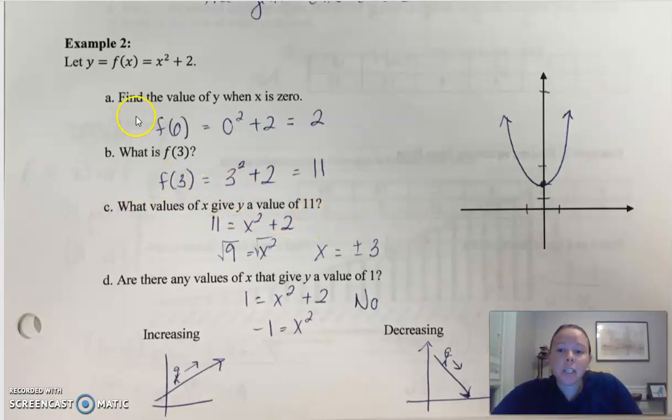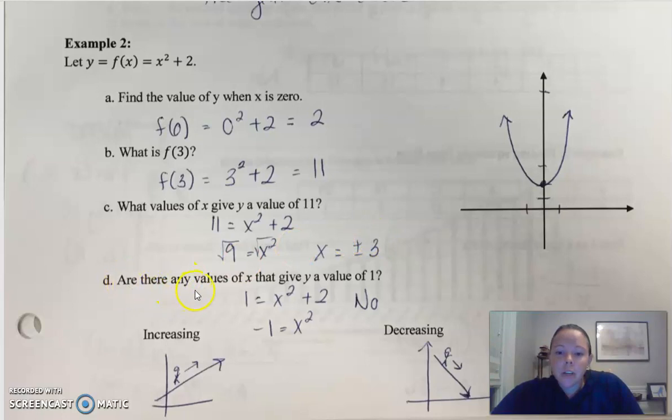Okay, so this time we're going to set our function equal to 11, which you see here. So now you would subtract 2, square root both sides. Now don't forget, when you use the square root property, you have to put in that plus or minus. So that's what's happening. And you can visually see why. If you were to draw a horizontal line at 11 and continue our curve up, it's going to eventually hit our curve twice, -3 and +3.